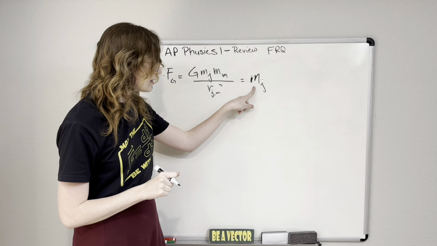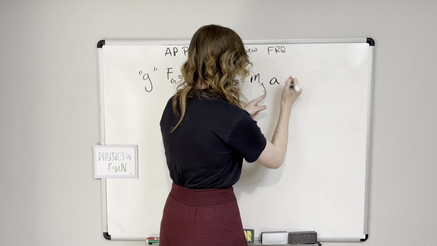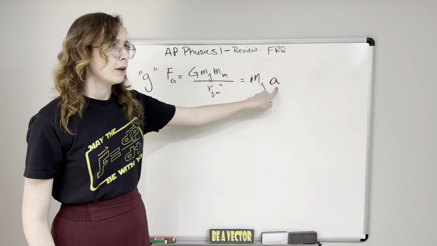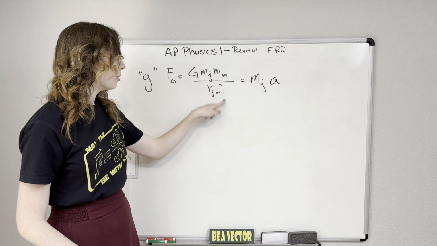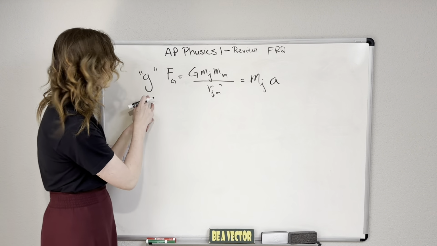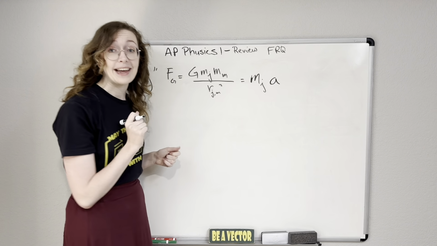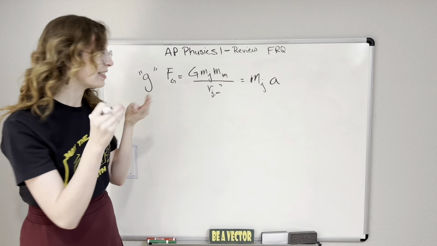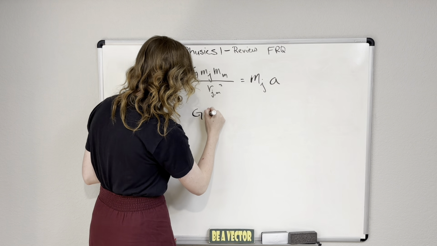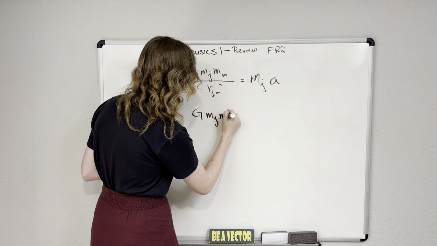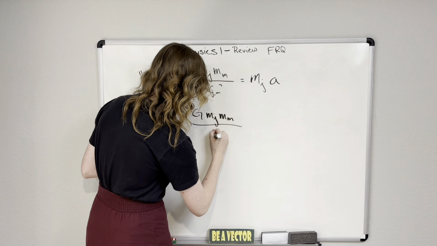So if this m is Juniper's mass, and this a is her acceleration, well, the acceleration due to gravity, that's just little g. So this little g goes right here where my a is, because Juniper's acceleration is the acceleration due to gravity.